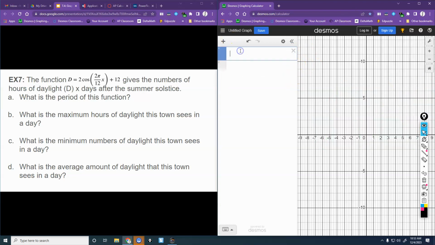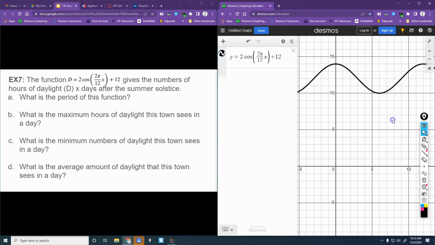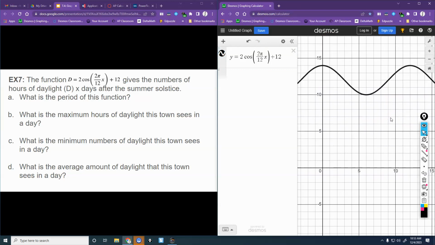I'm going to type in y equals 2 cosine of 2 pi over 12 times x, close my parentheses, plus 12. That gives me a pretty good graph right there. And it tells us this function gives the number of hours of daylight x days after the summer solstice.